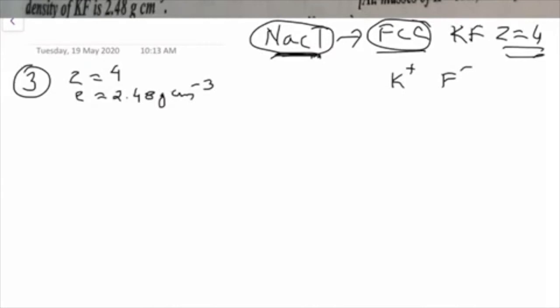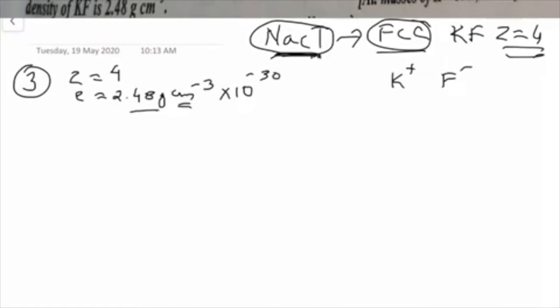But now since the question is asking what is the distance, and distance is very small, I have to calculate it in picometer, but here density, as you can see, is given in centimeter cube. So I have to convert this into picometer, so I will multiply this by 10 to the power minus 30.